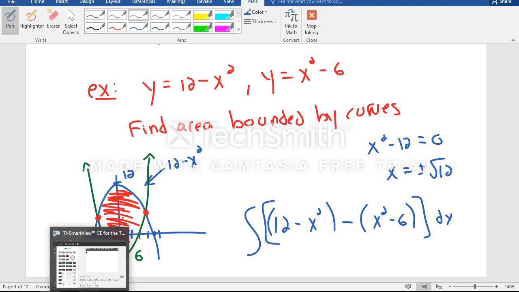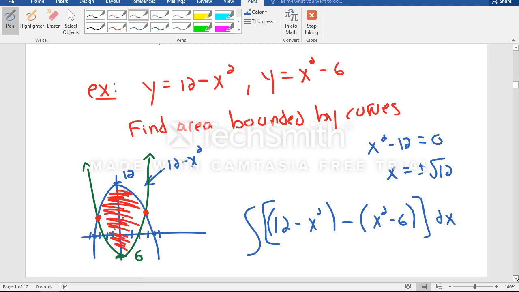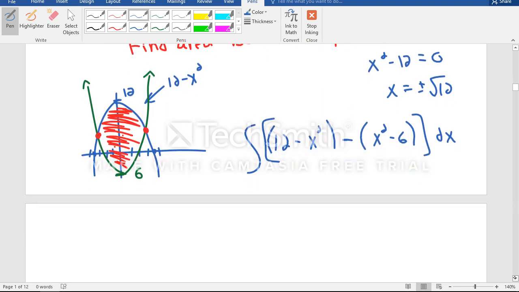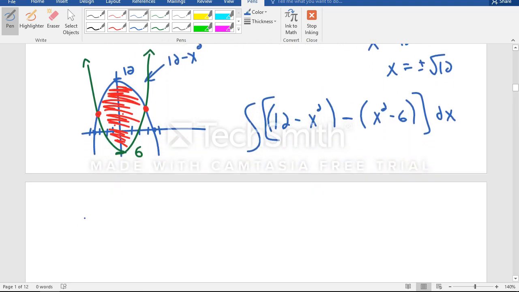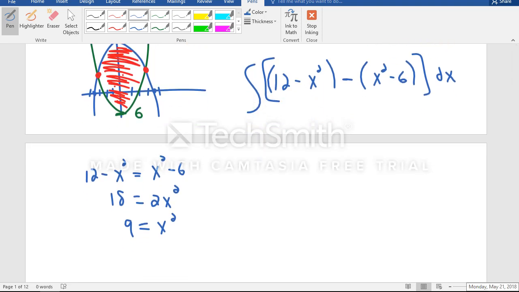Keep in mind, how we find points of intersection is we set the equations equal to each other. So I'm going to take 12 minus x squared and let that equal x squared minus 6. I'm going to add this x squared over here, add this 6 over here, and divide both sides by 2. In this particular example, I don't have an x to the first power, so I'm able to isolate the square function and square root both sides.